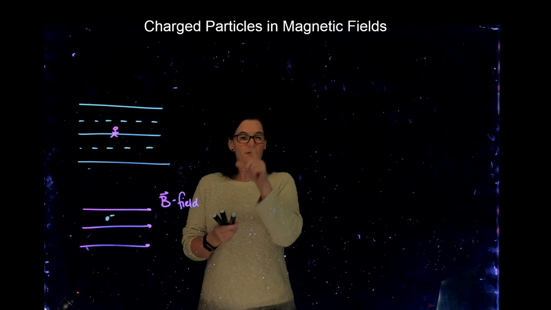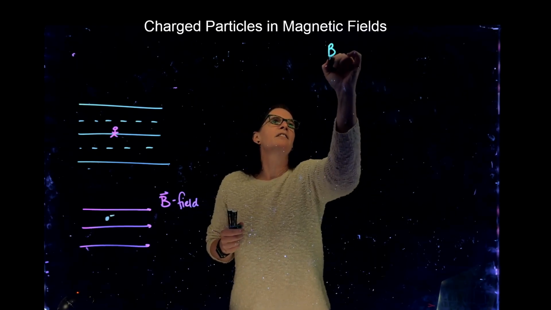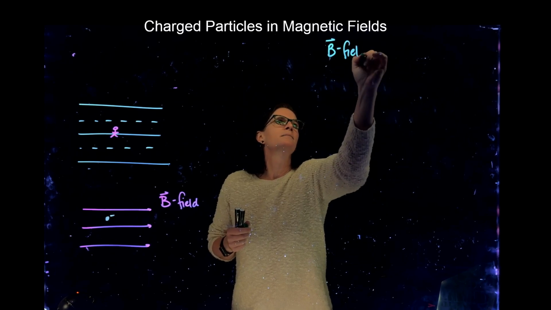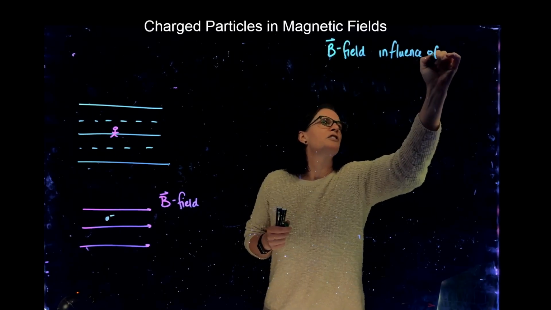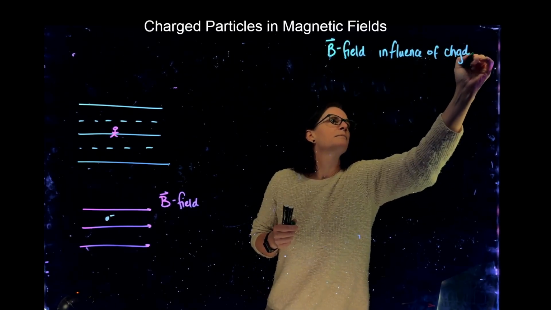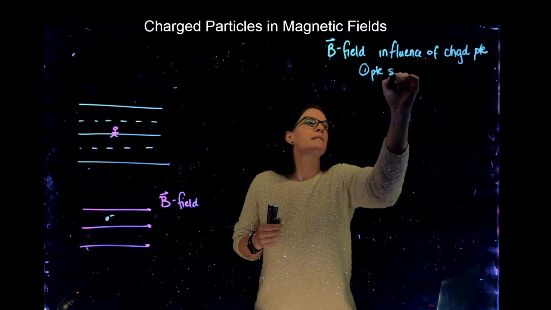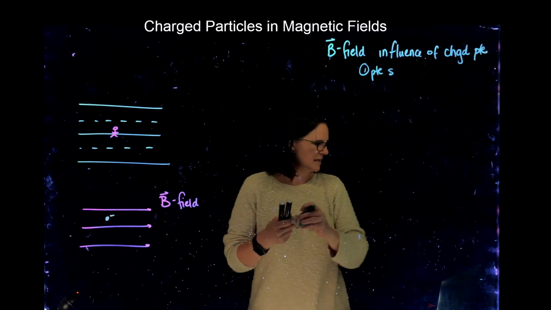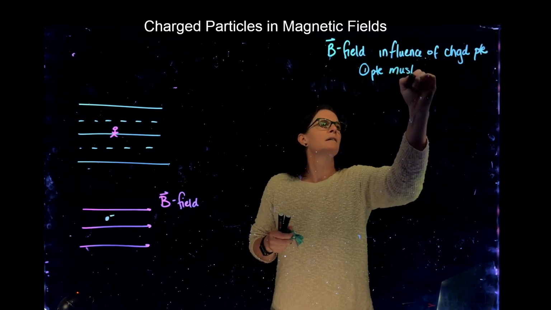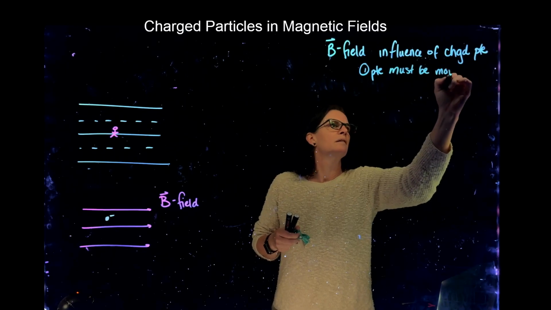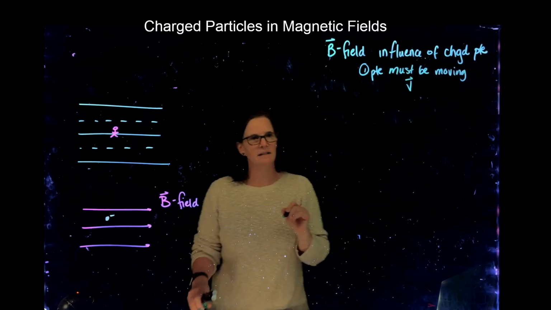So that's our first criterion: for a magnetic field to have influence on a charged particle, the particle must be moving. And of course, moving, there's a velocity.